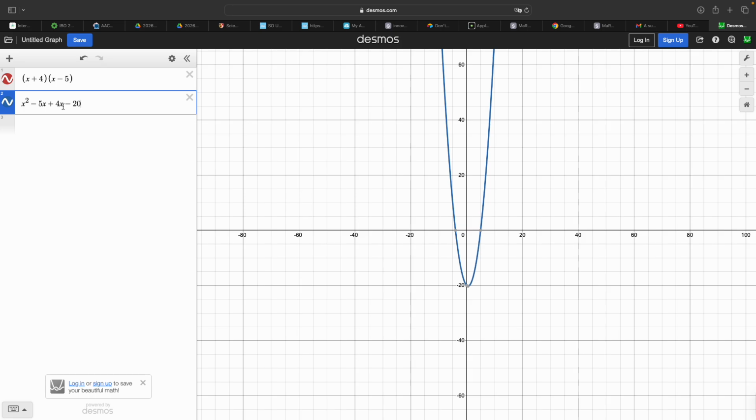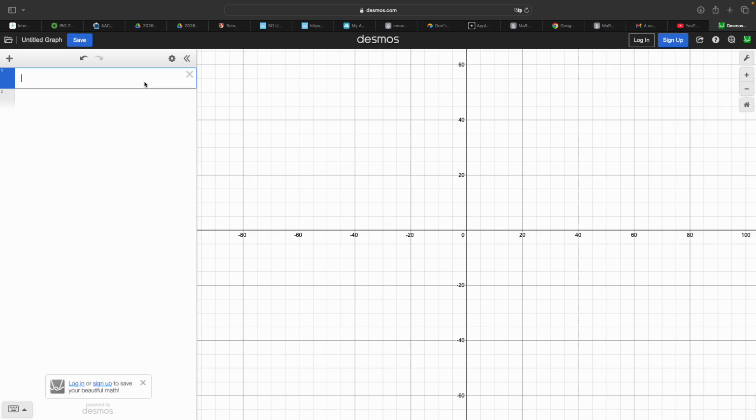That's basically what this is written out right here. Because if we factor this out, we get this value. And you know that's true because the red and the blue line are the same exact thing. So that's how we know that these two are equivalent. So yeah, that's quadratics.